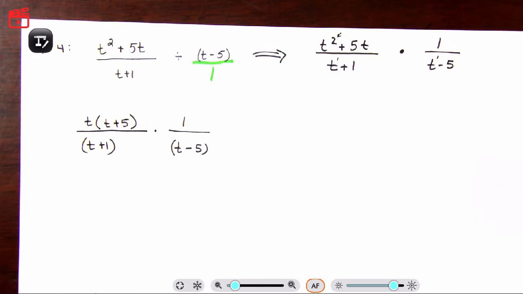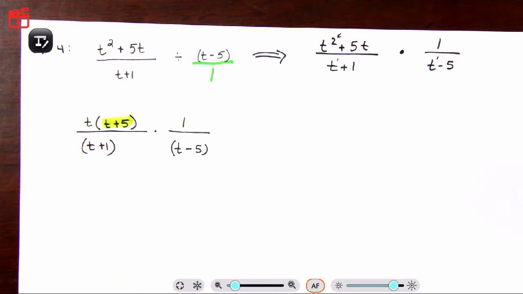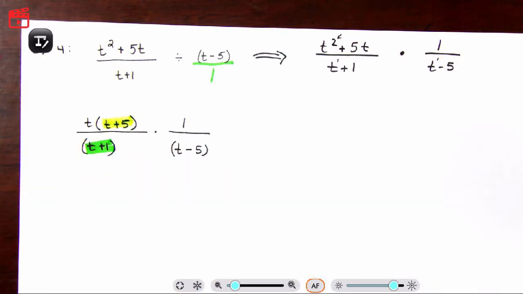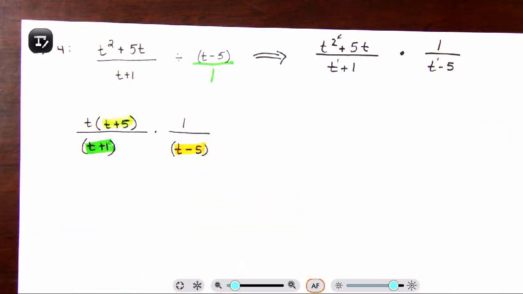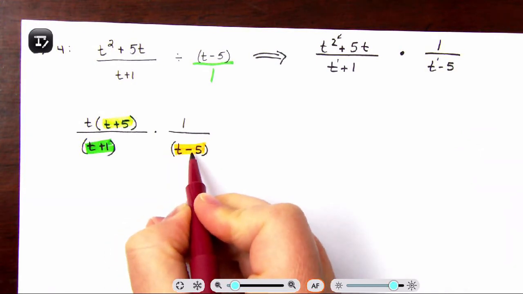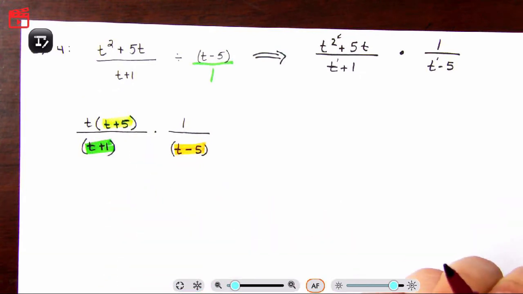Do you notice how all my bubbles are not the same? Here's a t plus 5. Here's a t plus 1. And here's a t minus 5. Even if I try to factor out a -1, then t becomes negative and 5 becomes positive. Those two bubbles are still not the same. Therefore, there's nothing for us to cancel.